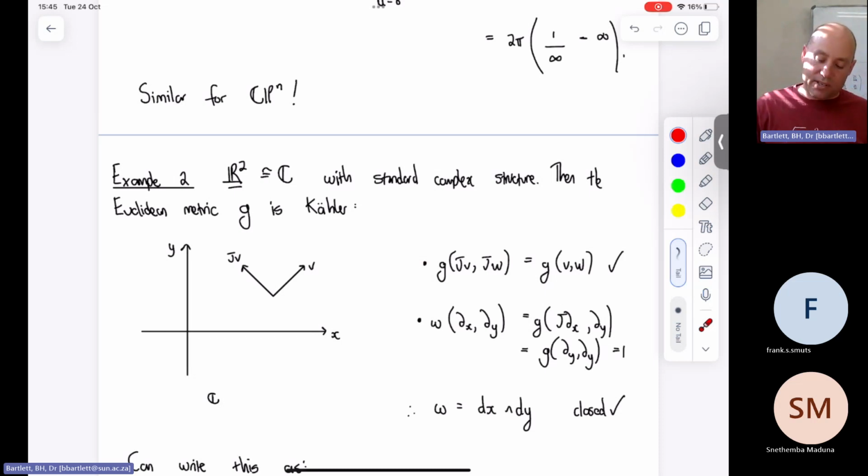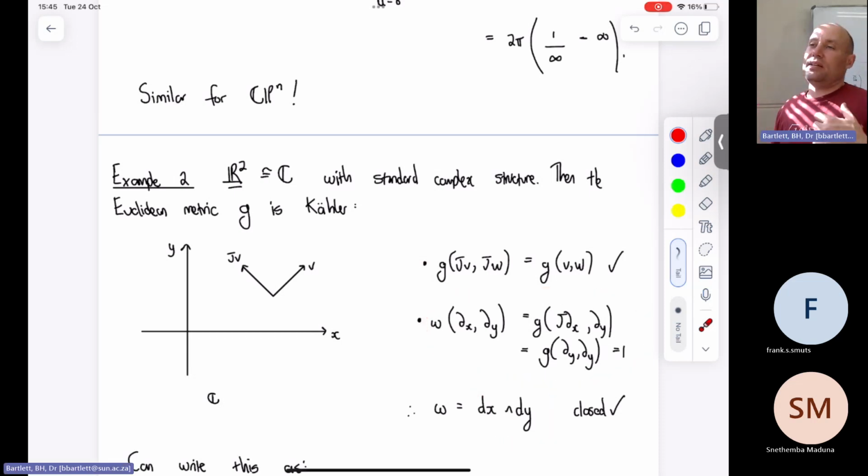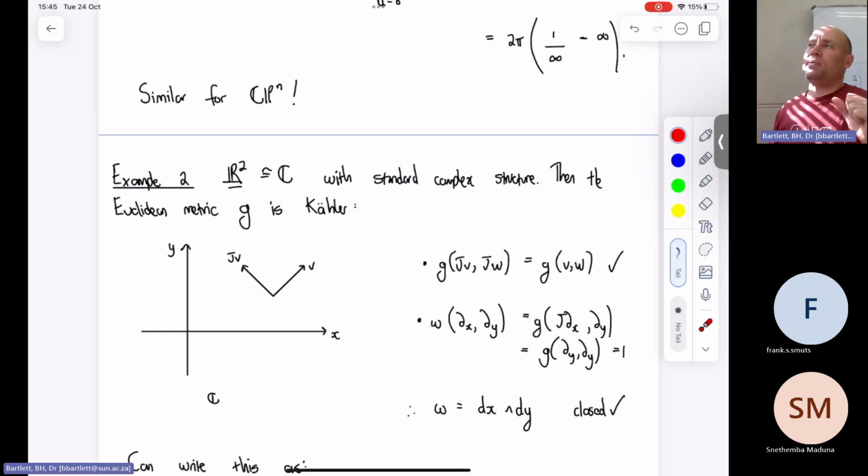And also, if I calculate the associated fundamental form, I'm just going to get this. And that is clearly closed. Because if I calculate its d, I would have a 3 form, and that's impossible. You can't have a 3 form on R2. But it's nice to just see explicitly what it is, right? It's dx wedge dy.